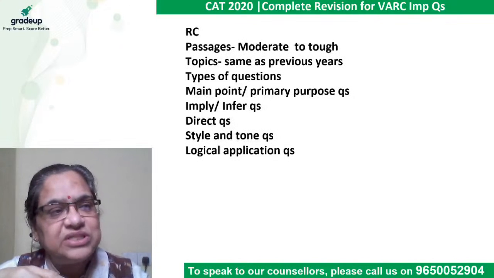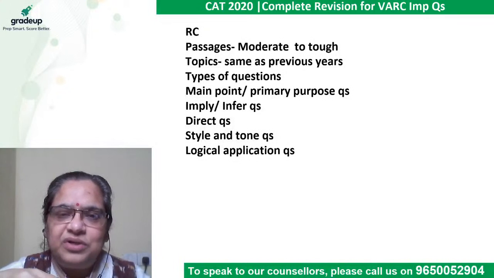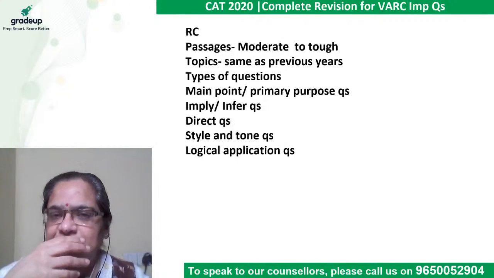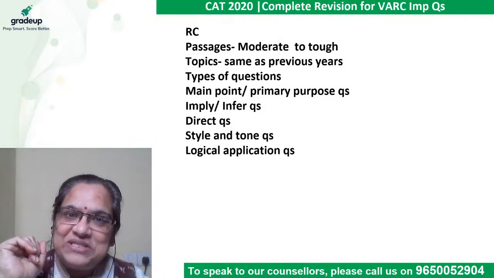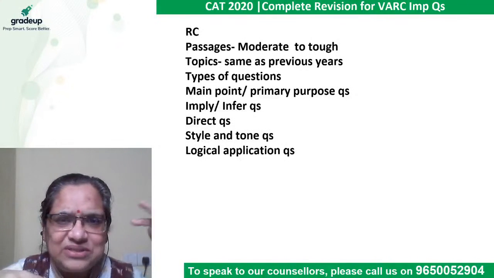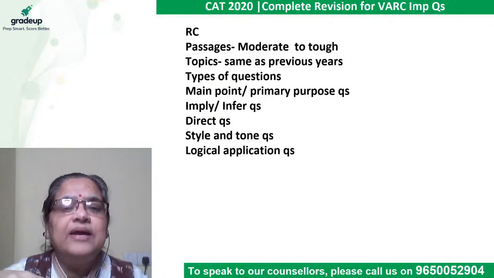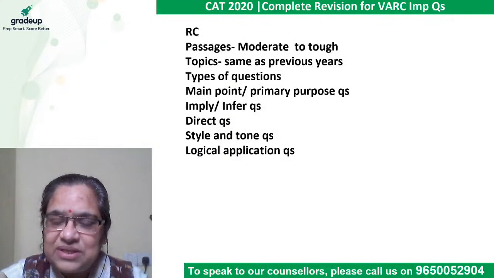Earlier, in the middle years, it turned very literature, philosophy and business specific, and last year again we saw them going back to pure biological science, talking about penguins and how they keep warm and things like that. So you can expect passages on similar subjects.